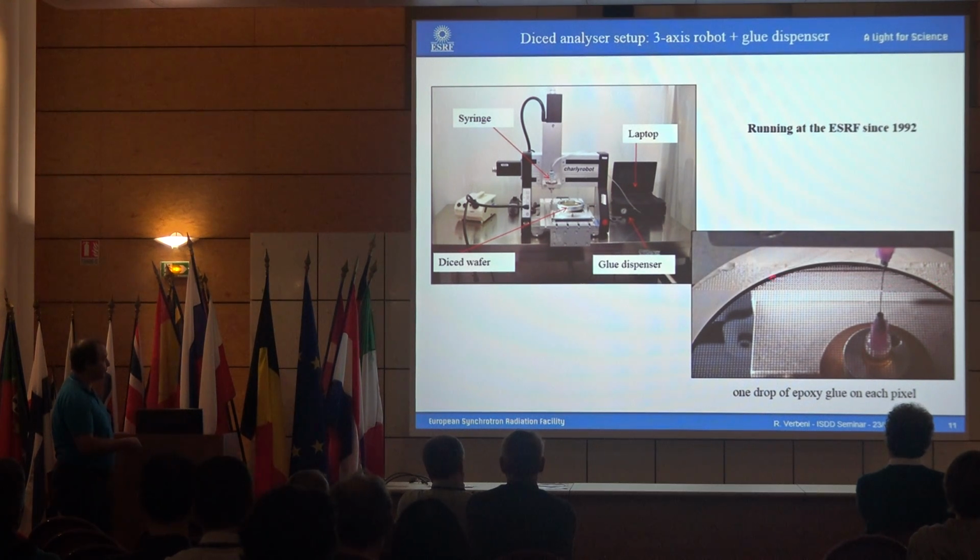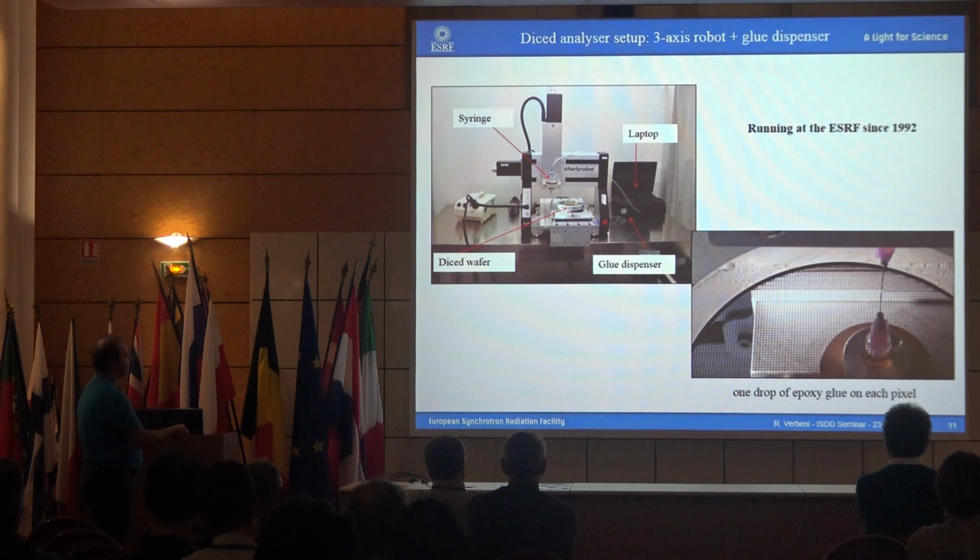With this procedure, we are sure you put the same quantity of glue on each cube, and you don't want the glue to go in between the grooves. This procedure takes at least 2 hours. And this simple system has been running since 1992. All the dice analyzers we made were done with this system.